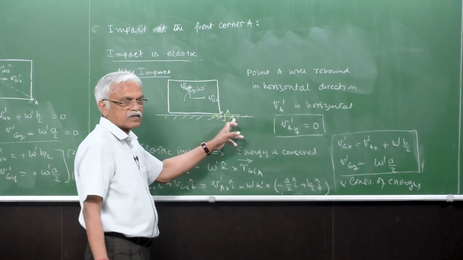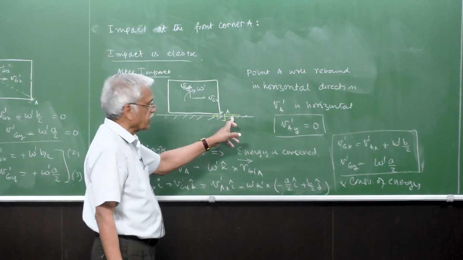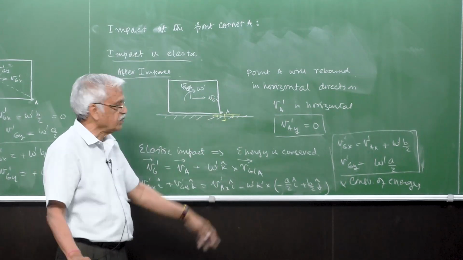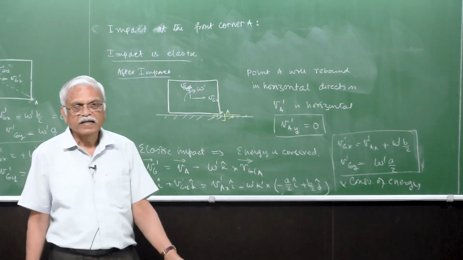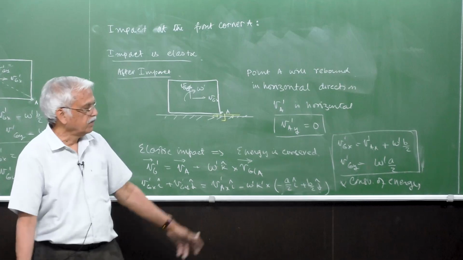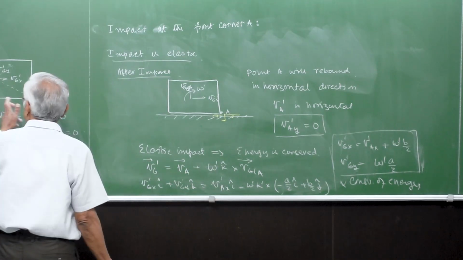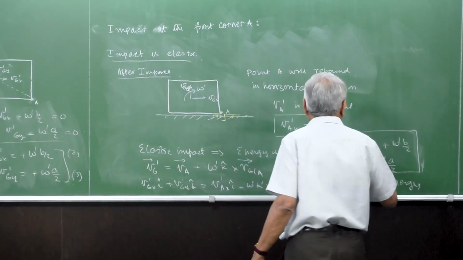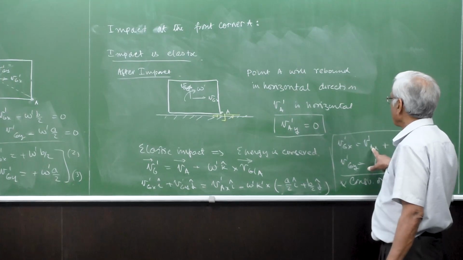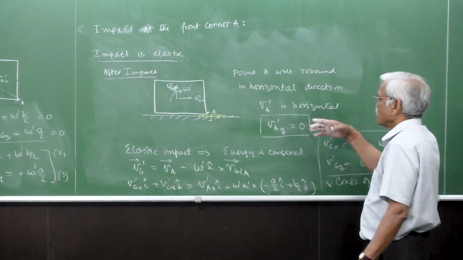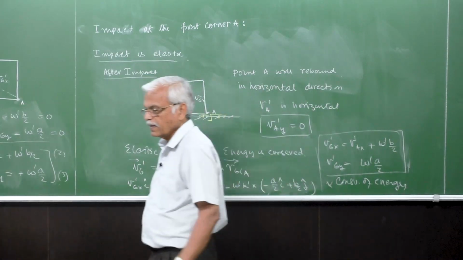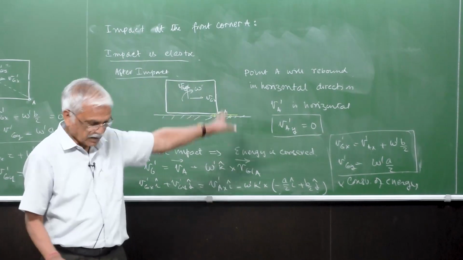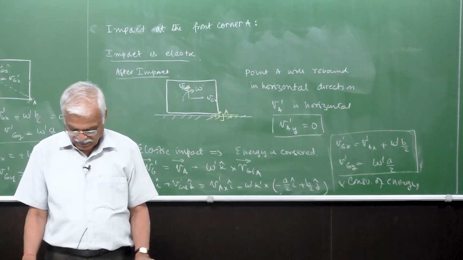Since it cannot penetrate, you have to ignore the solution which is rebounding, going in the leftward direction. So appropriately, you have to take the solution V prime Ax which is moving leftward. The algebra involved is a little bit involved.